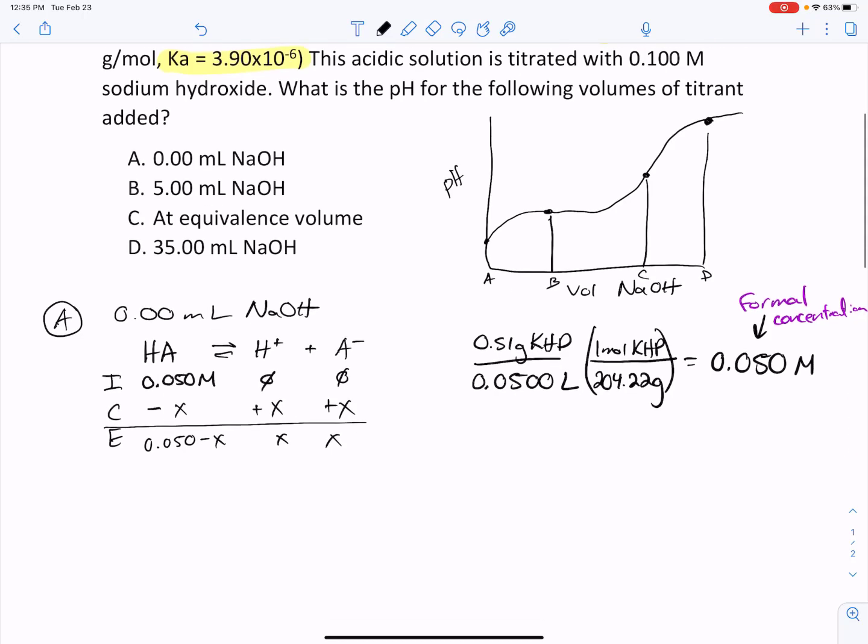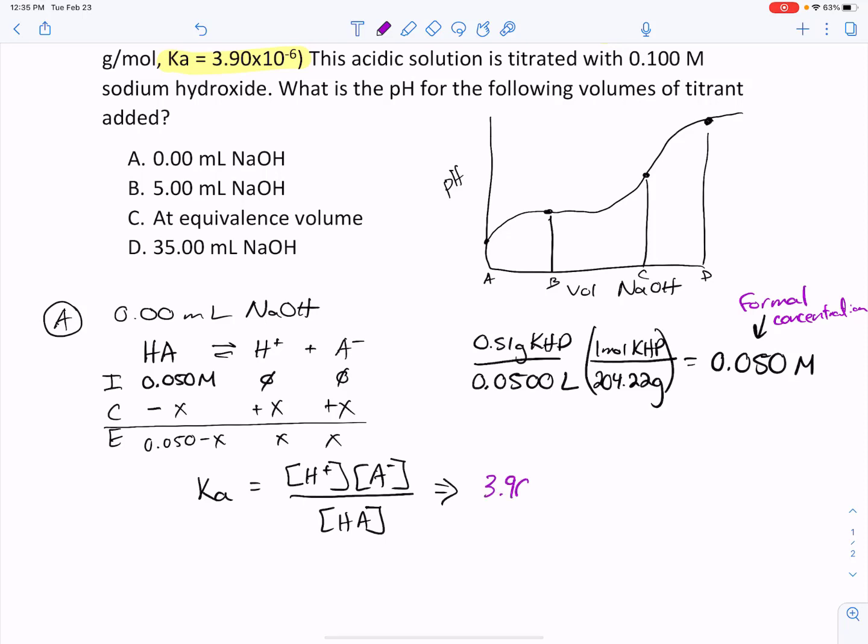If I plug these into my equilibrium expression, we have Ka equals my hydrogen ion times my conjugate base over my acid. Sorry, did I say conjugate acid? I meant my conjugate base. Now I just plug in my values here. My Ka was given in the problem, 3.90 times 10 to the negative 6. We can see that right here.